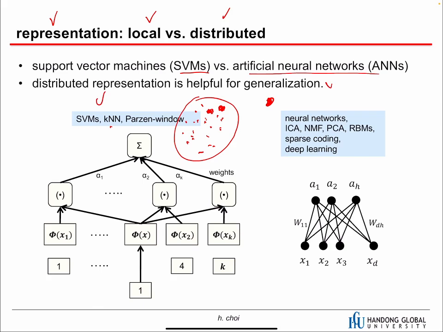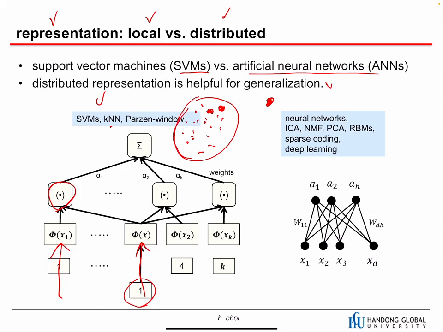You just explain this sample based on the other samples, some of the training samples. So think about SVM or KNN. In SVM, we need support vectors. When we have a new sample, we check the kernel between the training samples and the new sample, and then we find the best training samples to be the support vectors. Or think about KNN.